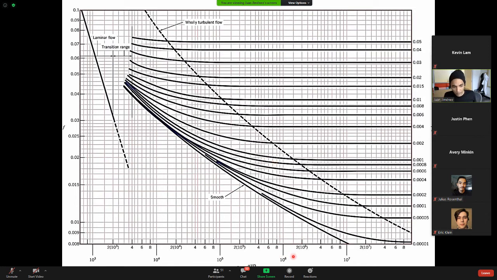I'll make up a Reynolds number of about 1 million. And then your pipe has some roughness, let's say 0.004. So we go here and find at 1 million, that roughness. And then if I go all the way across, this value right here is going to be my friction factor. Okay, so now I have the F value.